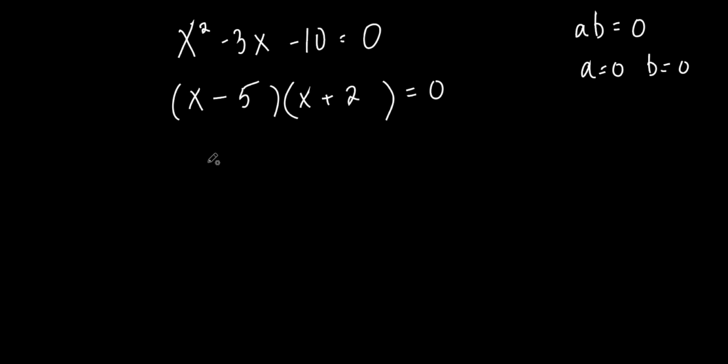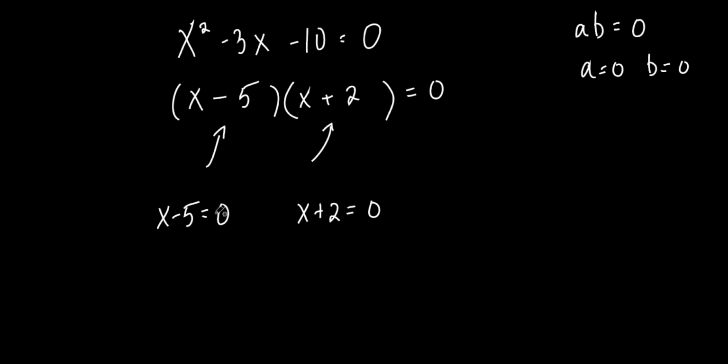So what must be true about either x minus 5 or the x plus 2? Either one of those has to be what? Equal to 0. It doesn't mean x has to be 0. It means what? X minus 5 could be 0, or what else? X plus 2 could be 0. I'm getting somewhere with this, so hang on.